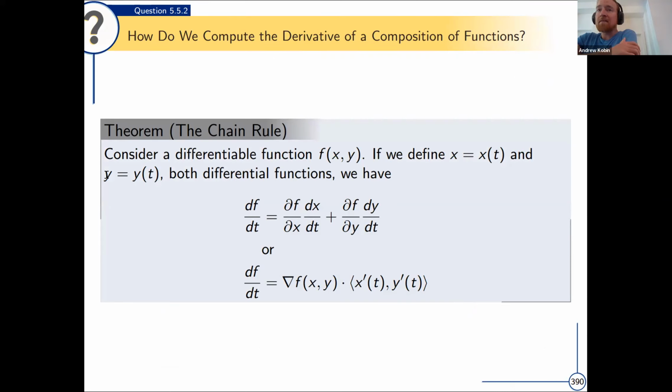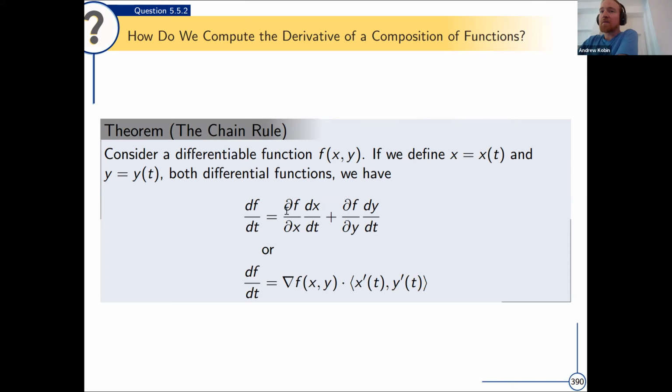But I want you to keep in mind that this is a multivariable chain rule that's telling you about the rate of change of a multivariable function f of x, y, and we'll do higher numbers of variables later, in terms of some input variable t that controls both of the variables x and y. So given that setup, the rate of change df/dt is given by either of the following formulas.